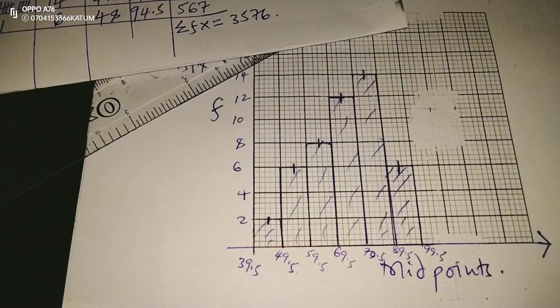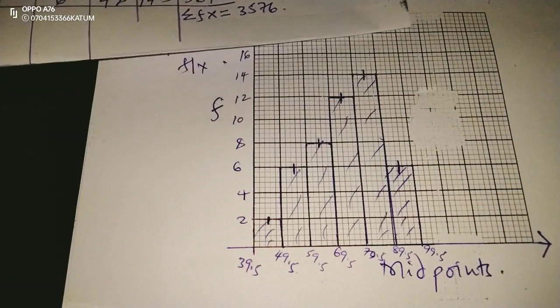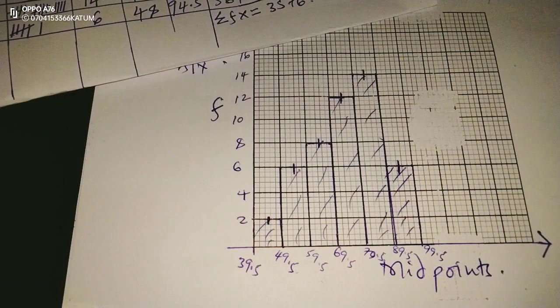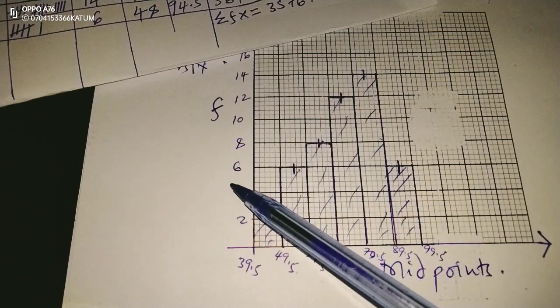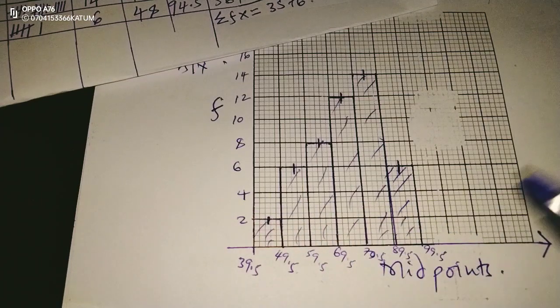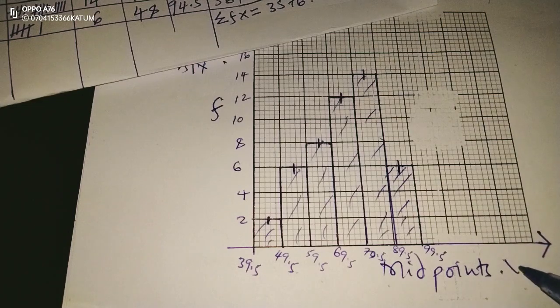So those are the midpoints. The top middle part of each bar will be the midpoint of each class. And therefore, when you connect the midpoints, you will have plotted frequency against midpoint, X. And that will give us what we call a frequency polygon.